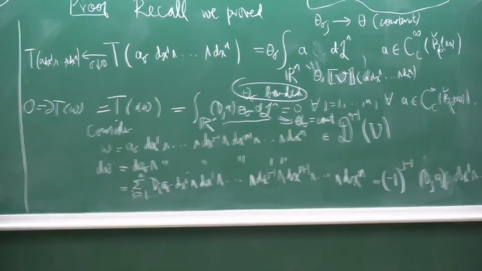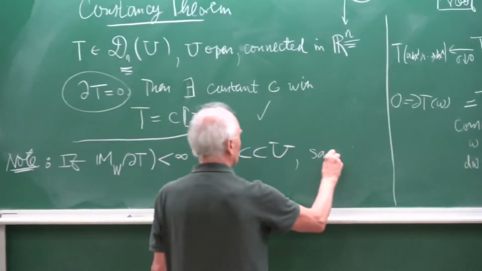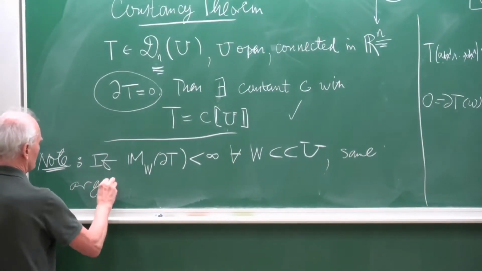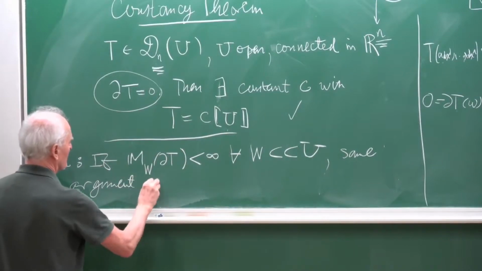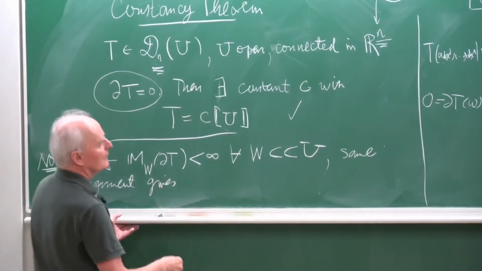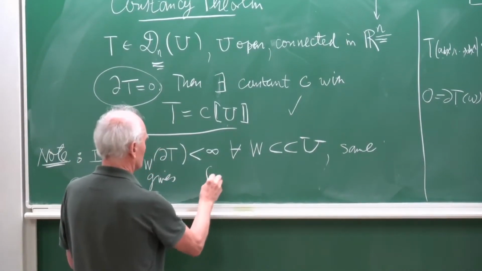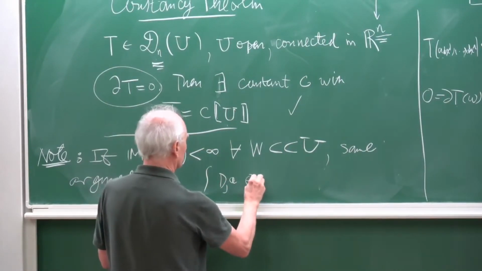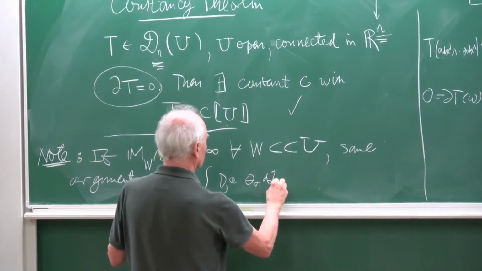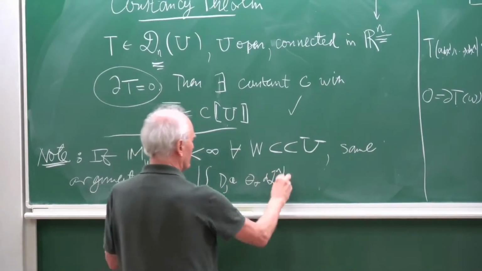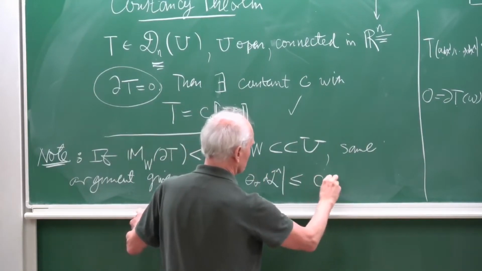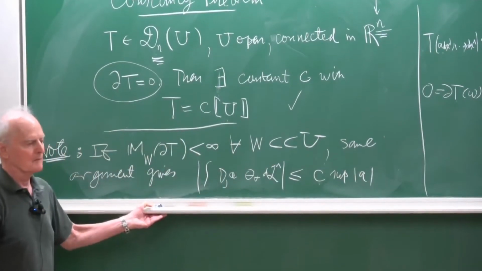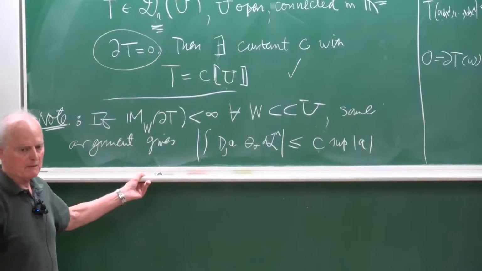Then the same argument gives integral dja times theta sigma dln absolute value is less than or equal to a constant times sup mod A. At least we would get that.